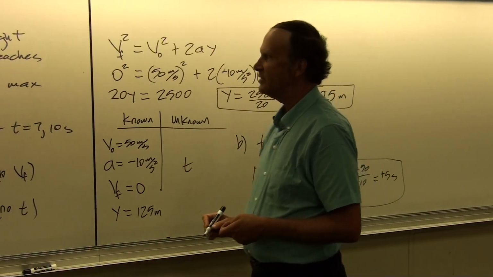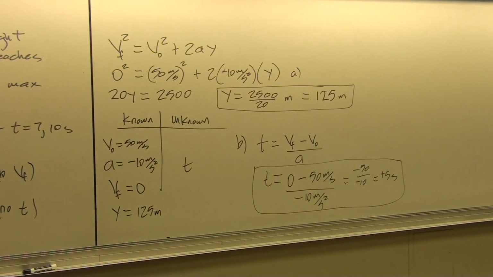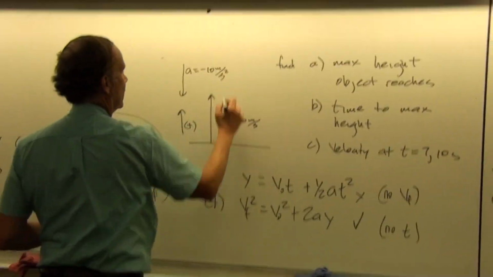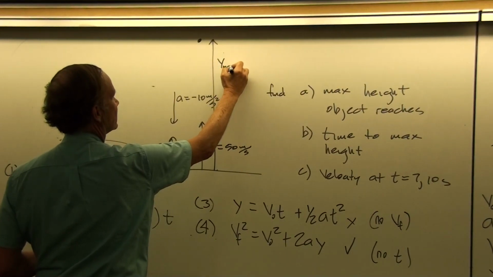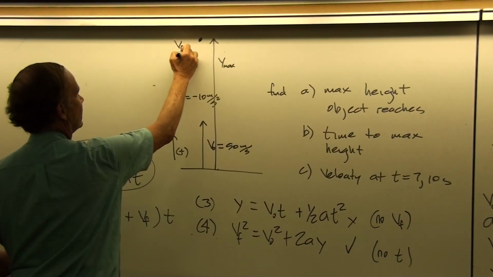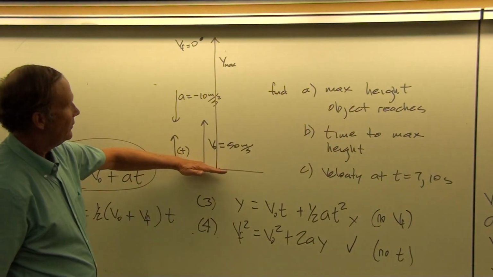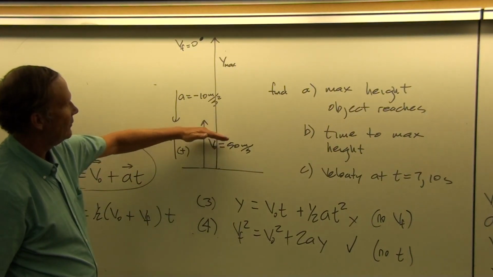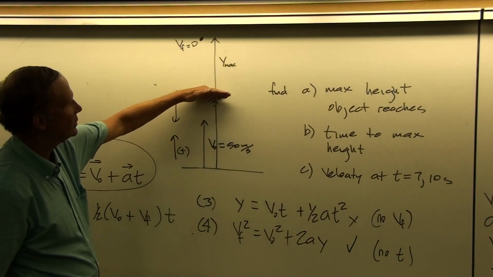Now, we might ask ourselves, is this a reasonable answer? Well, on our picture, let's draw this as y max, and this is v final equals 0. So 50 meters per second. After 1 second, we're going to go 40. After 2 seconds, 30.